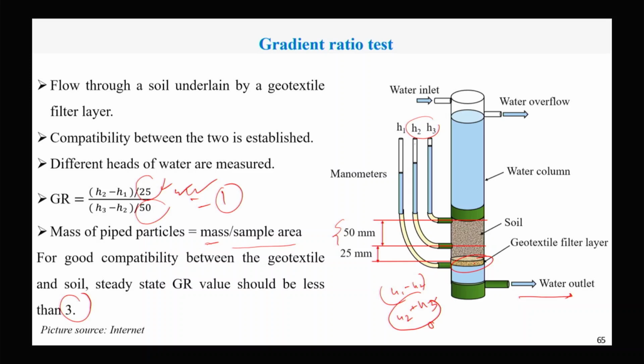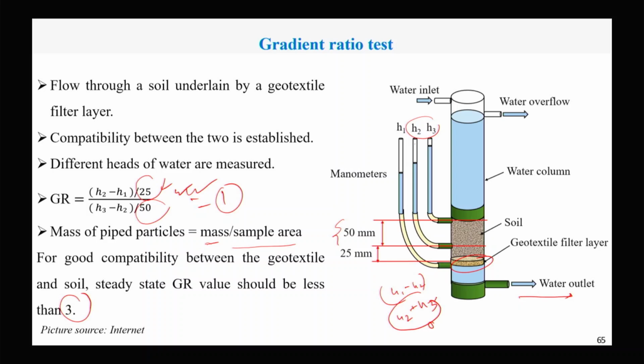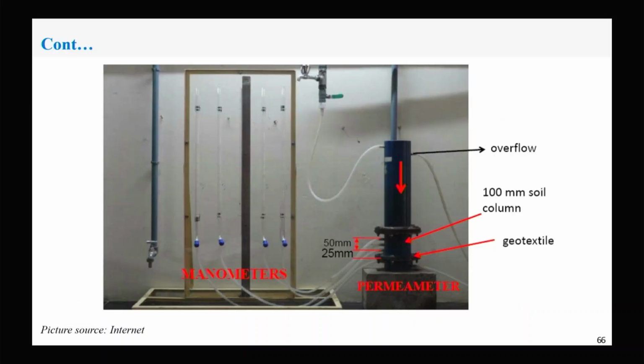But with geotextile, due to clogging, there may be certain disturbance in the soil structure, and presence of geotextile also increases the pressure difference. So this gradient ratio should be less than 3 to have good compatibility between soil and geotextile. So this is the gradient ratio tester.